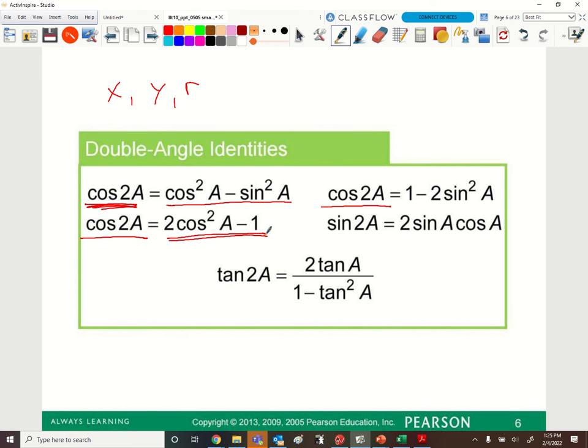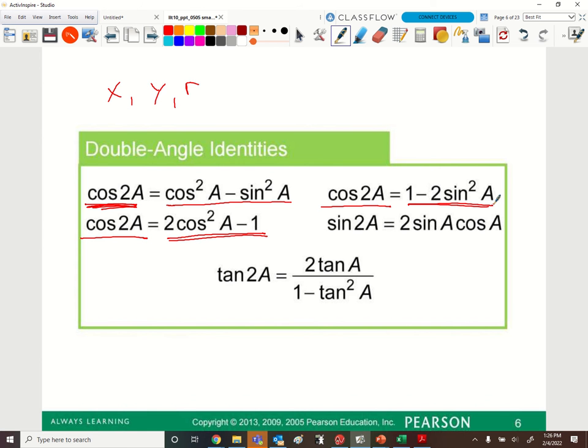But I don't know the y value, right? Over here, this one is sine. So I would use that one only when I have the sine value, the y value, right? And I don't know the x, but if I knew the sine, I could use that to plug in for this. Does that make sense or nonsense?